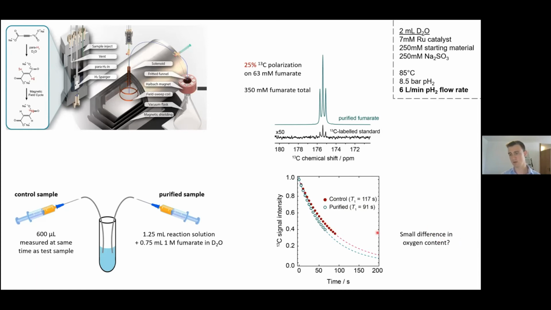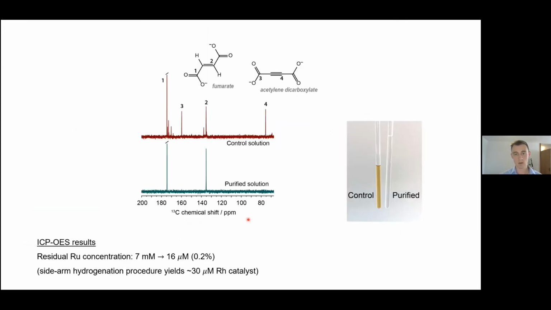We think the difference in the T1 might be because of the difference in oxygen content. Essentially, the control sample was very effectively degassed by the reaction, but the purified sample is redissolved in just a deuterated sodium hydroxide solution that wasn't so effectively degassed.